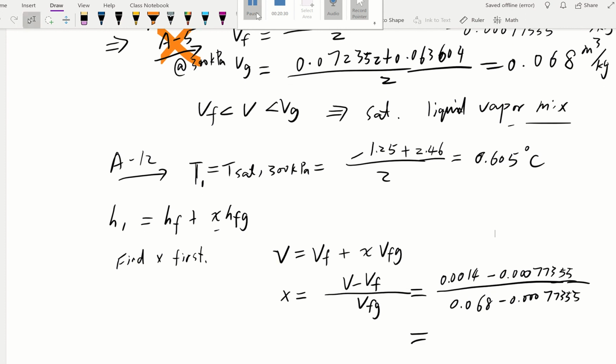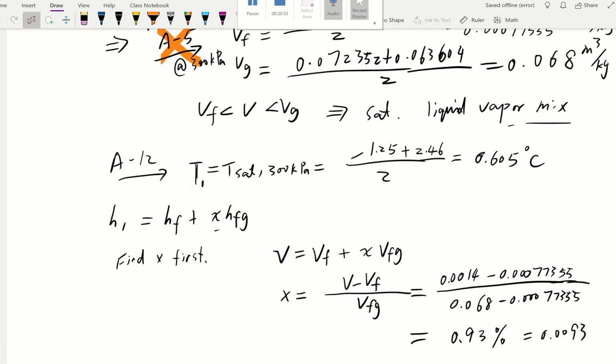Pause for a second, see what you got. So here the answer I got is quite a small number. It's basically 0.93%, in other words 0.0093, right? That's what I have.